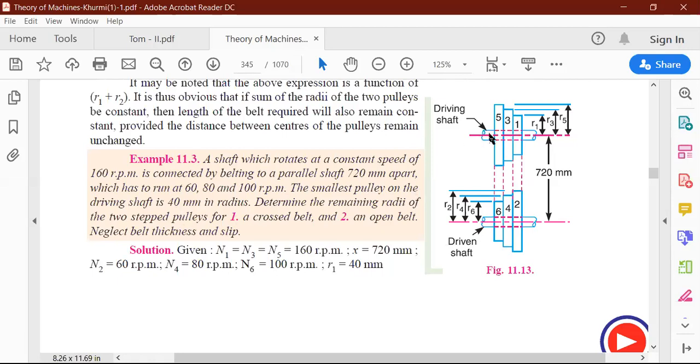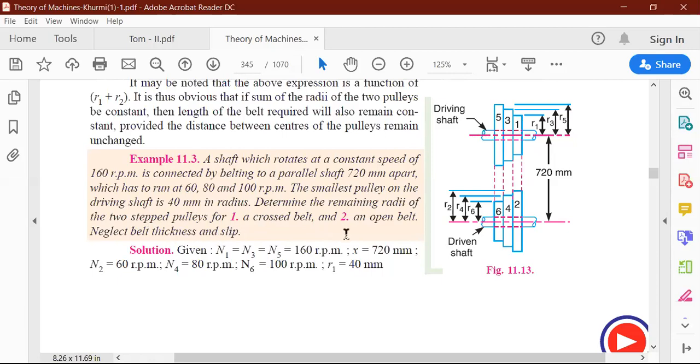This is your driving shaft, and which is the smallest pulley? This is R1. So here they give us the radius of R1, that is the smaller pulley, 40 mm in radius. Then determine the remaining radii of the two-step pulley, one for cross belt and second for open belt. Neglect the thickness of the belt.